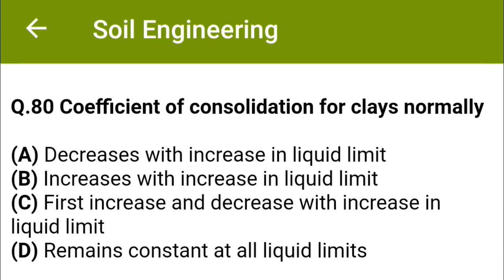Coefficient of consolidation for clays normally: option A, decrease with increase in liquid limit; option B, increases with increase in liquid limit; option C, first increase and then decrease with increase in liquid limit; option D, remains constant at all liquid limits. The correct answer is option A, decreases with increase in liquid limit.